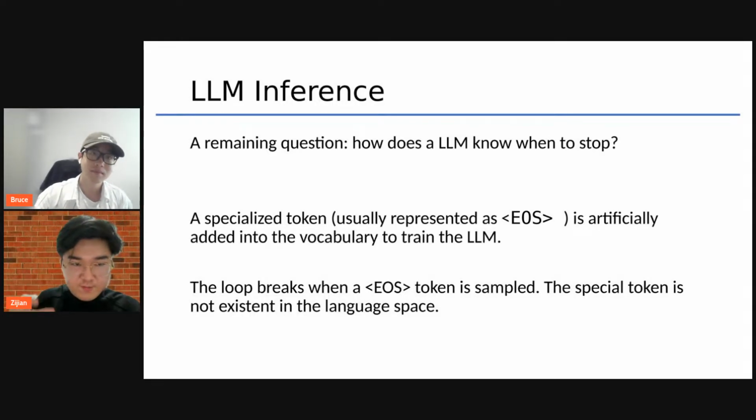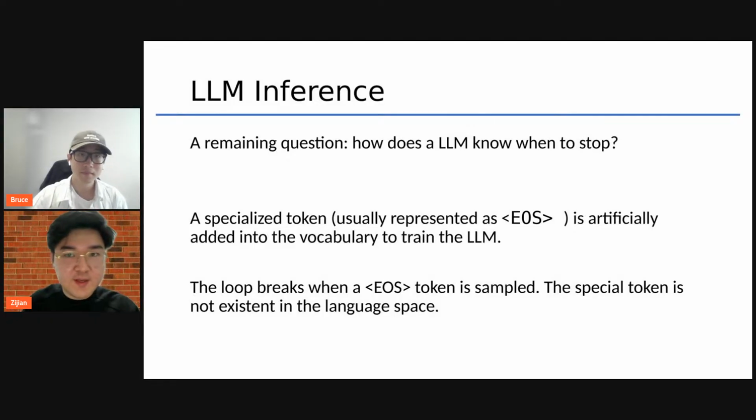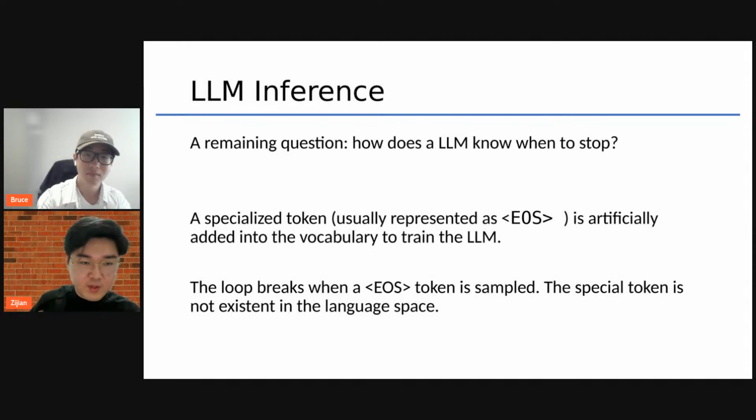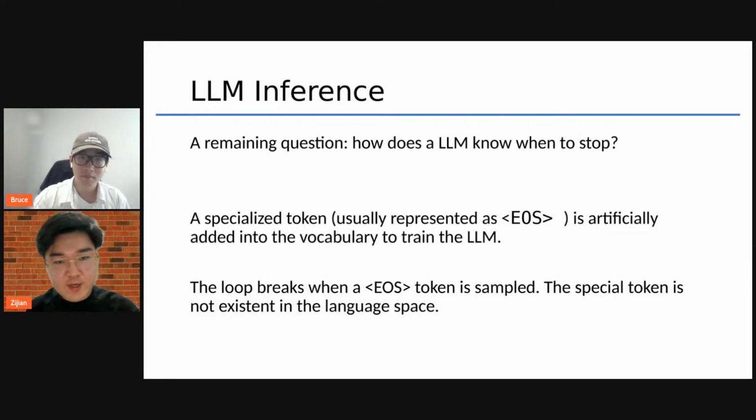We create this artificial token and inject it into the vocabulary. This token is not associated with any subword that exists in actual natural language, but is purely artificial. So we inject this special token in the vocabulary, and we train the LLM.